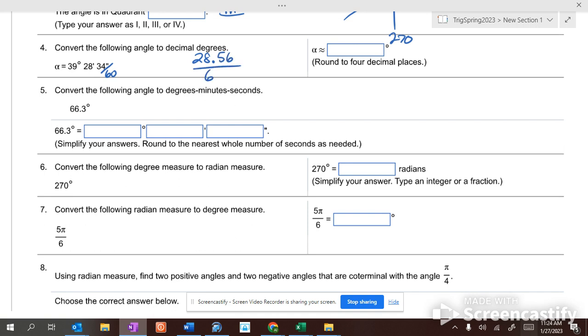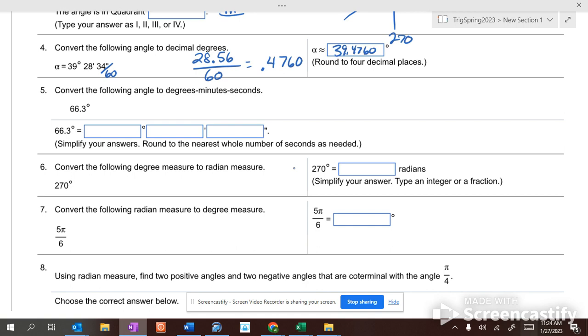And then take this divided by 60. And you get 0.4, what? 476. Oh, 4760. Okay. So it's 39.4760 degrees.